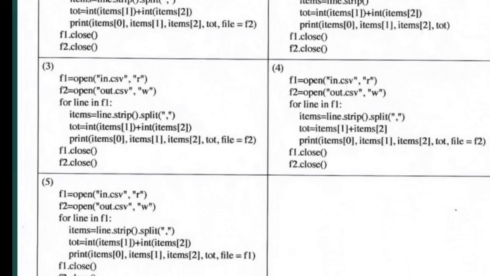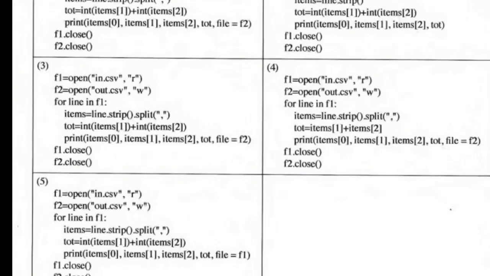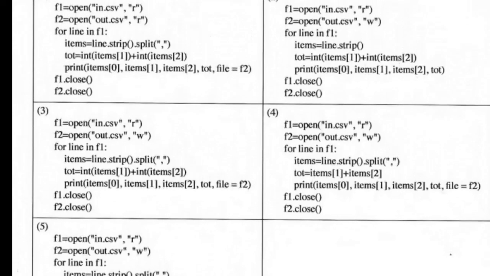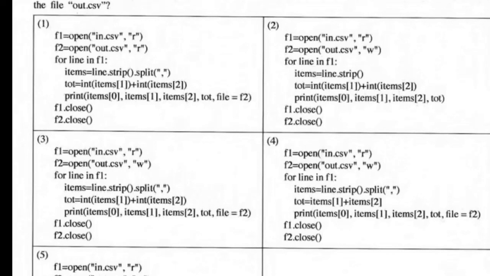Third one, opening okay. Now items equals line.strip and get the split. Now compare with the second one, items equals line.strip. In the second one, when you do line.strip, it gets everything into a single record. Then we can't access items 1 and 2 separately. There are no such items, right? Item is a single one.